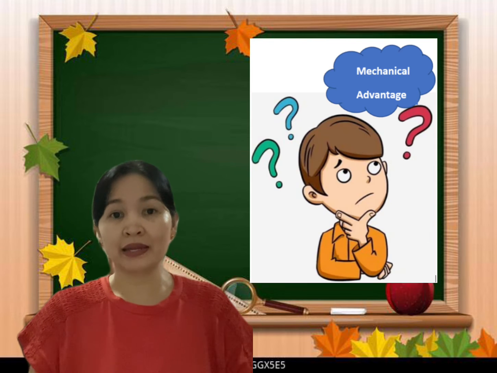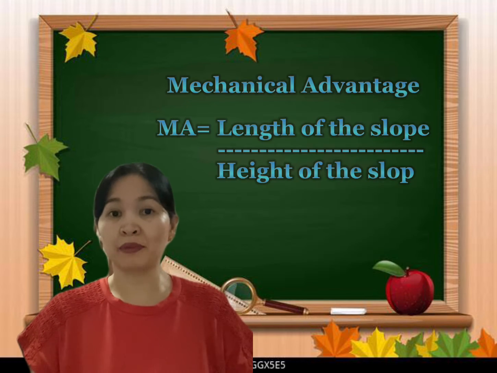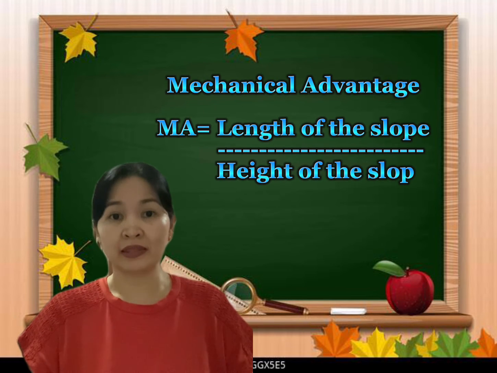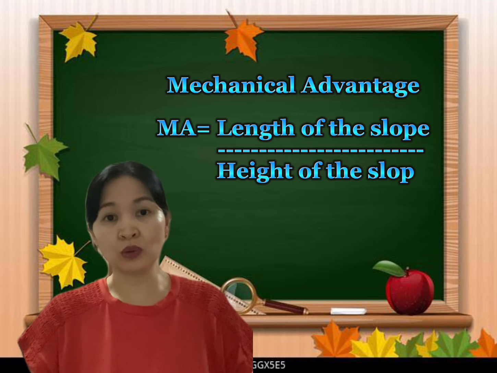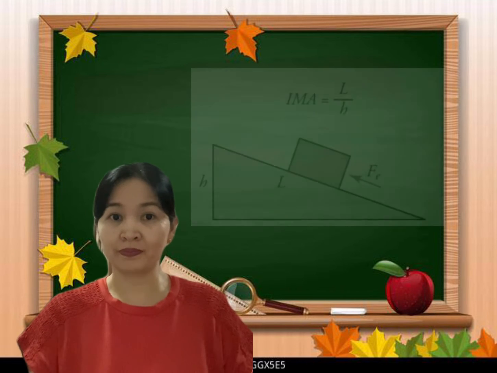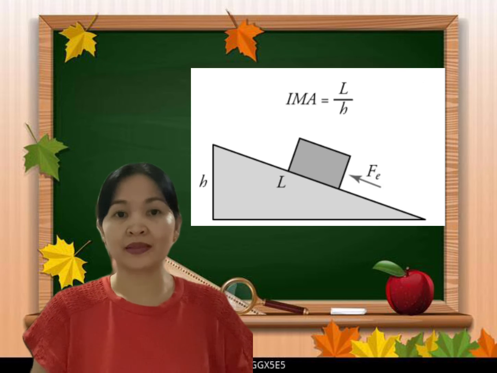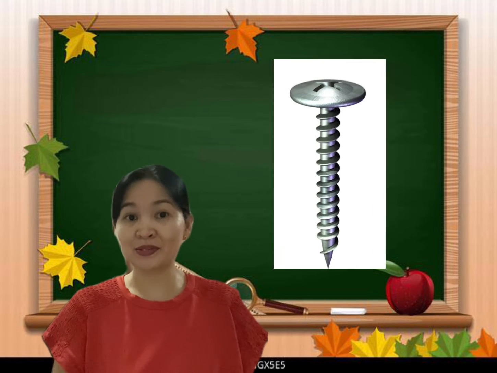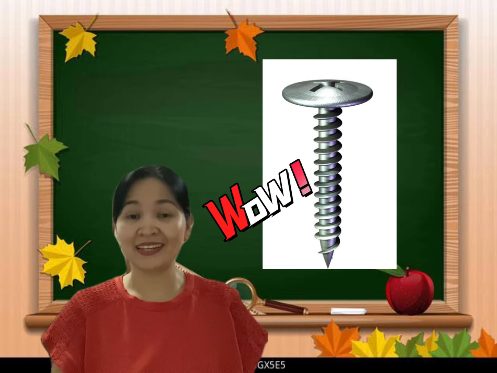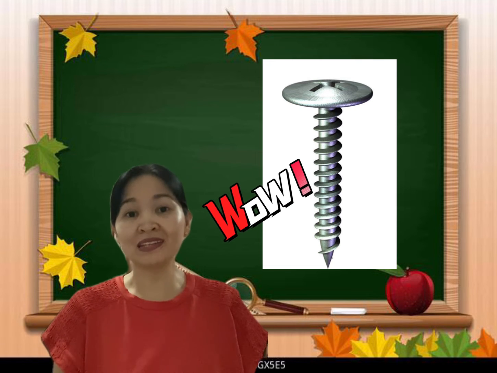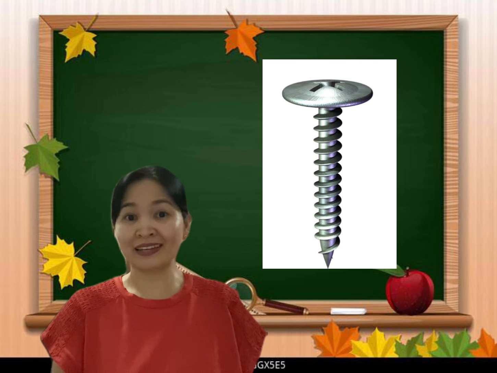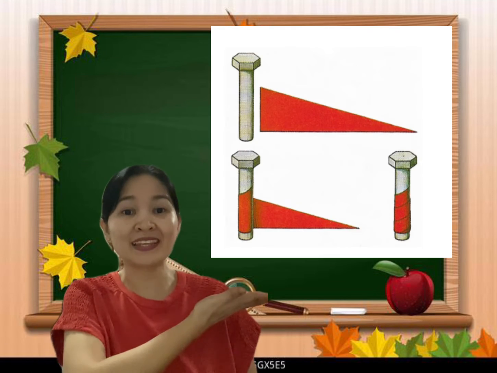To compute the mechanical advantage for the inclined plane, mechanical advantage is the length of the slope divided by the height of the slope. And this is the formula. Do you know that the screw is considered an inclined plane? Yes, it is. The spiral threads of the screw that wrap around its cylinder act like an inclined plane. Look at this.